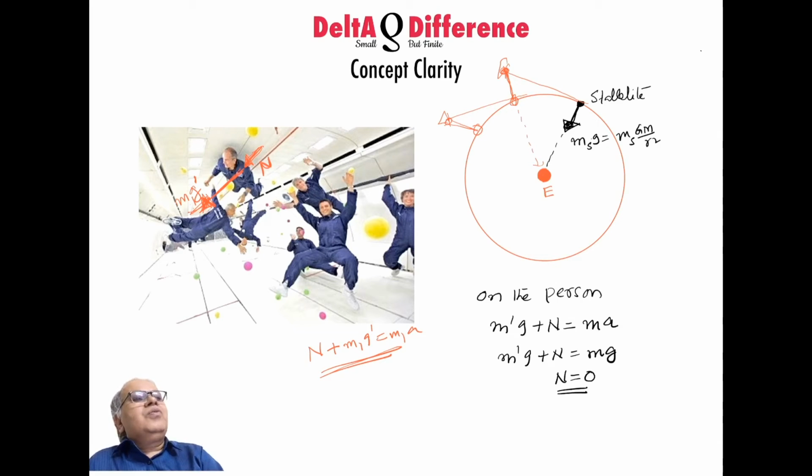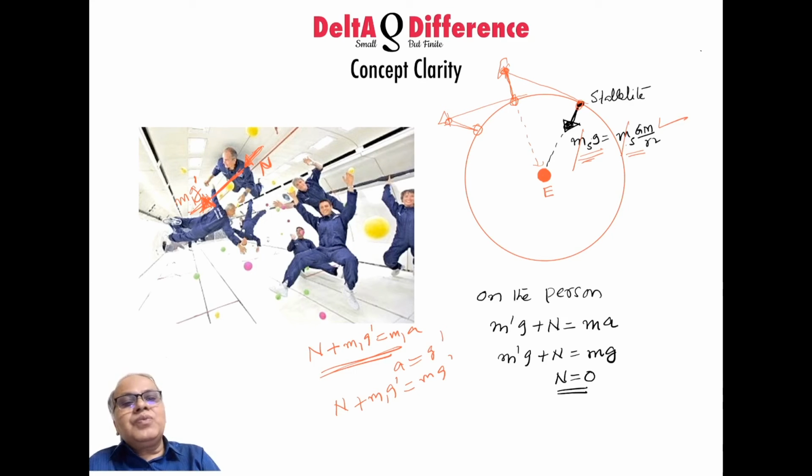Look here, when the satellite is moving in the orbit, we write this force ma equals GM by r square. This mass cancels and g is GM by r square only. That means this a for the satellite or for the astronauts is once again g dash there, nothing else. So N plus m1 g dash is equal to m1 g dash.